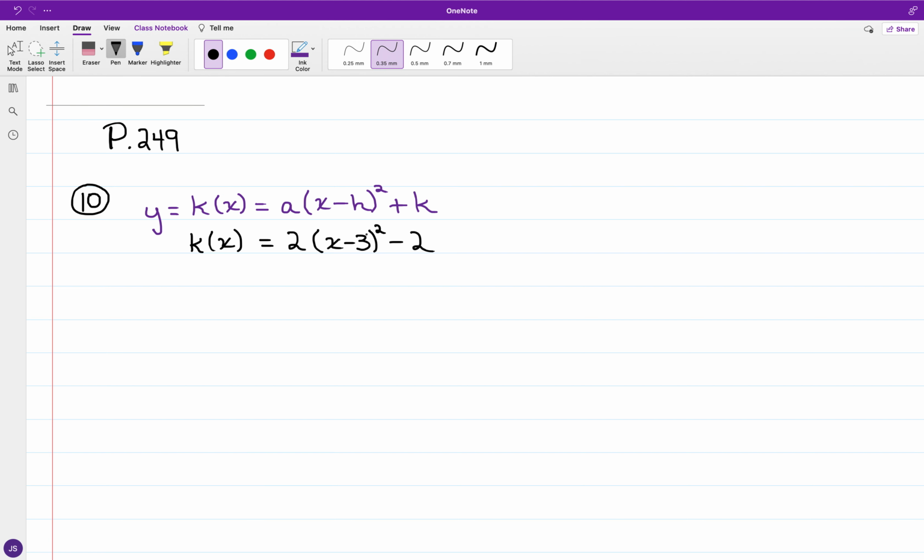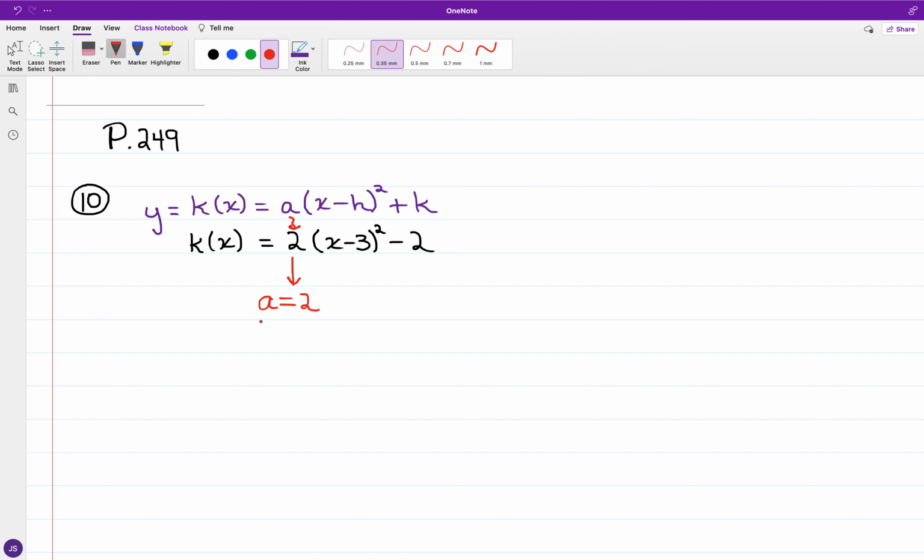Looking at what we have given for k of x specifically, we have 2 times the square of x minus 3, followed by the subtraction of 2. And just looking at what we have among the features, for the leading coefficient a, that is equal to 2. The sign value of the leading coefficient is going to dictate the direction upon which the graph of the quadratic function will open.